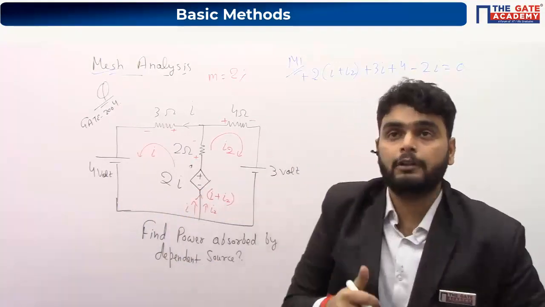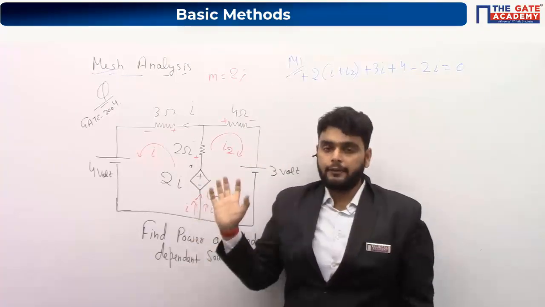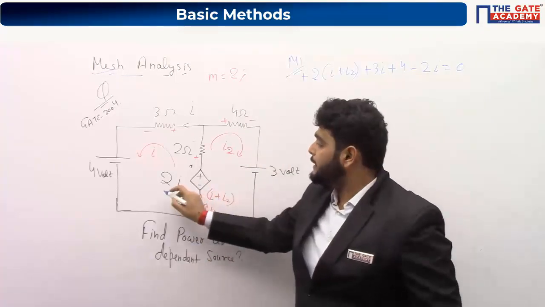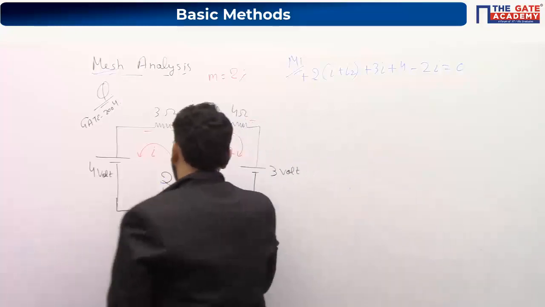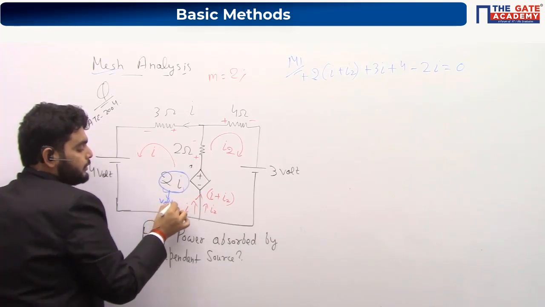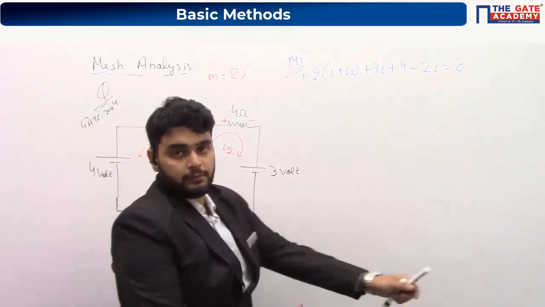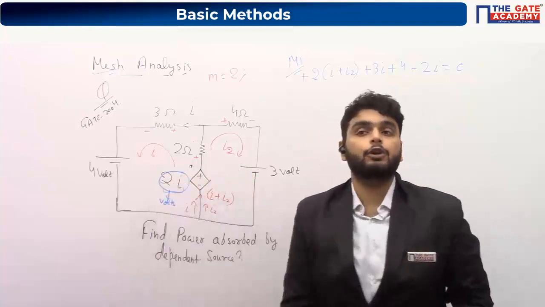Here is one more important point for you. This is a voltage source, right? If this is a voltage source, the magnitude here represents the magnitude of voltage, which means the unit of this whole term is nothing but volts, because this is a voltage source. So never take the magnitude of a voltage source as the current flowing through it.